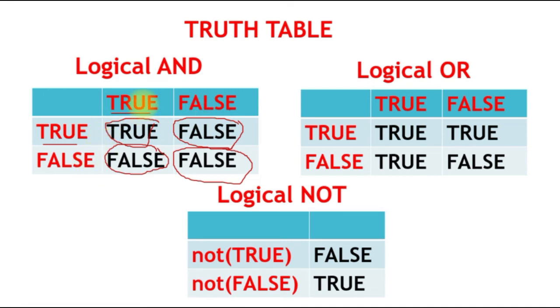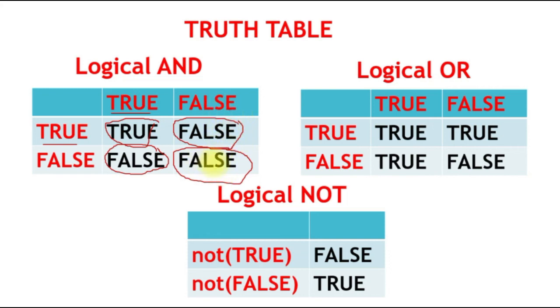So, 1 times 0. The answer is 0 kasi nga any number multiplied by 0 is always 0. Next is false and true or 0 times 1. The answer is 0 or false. Next is false and false or 0 times 0.